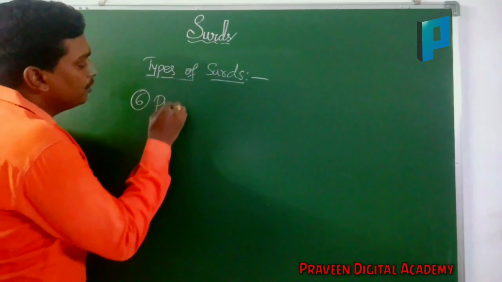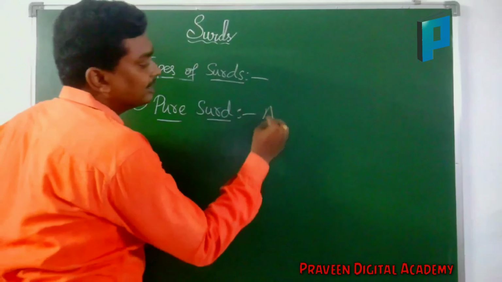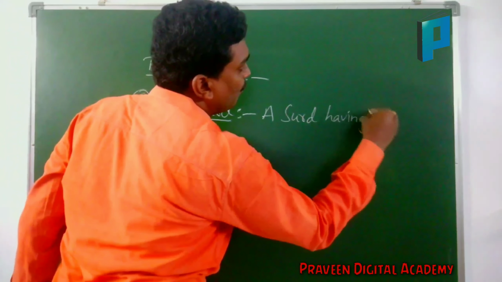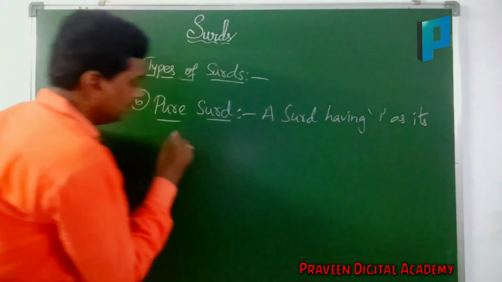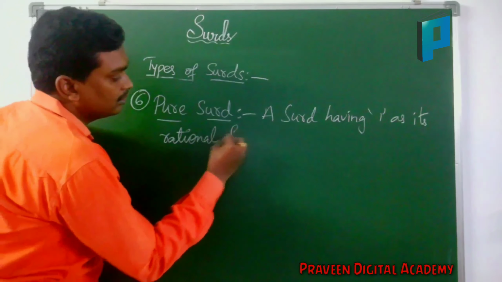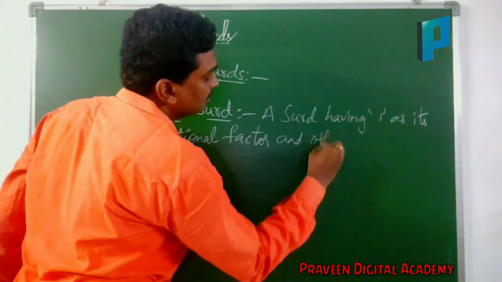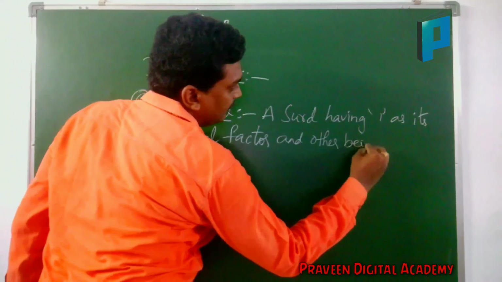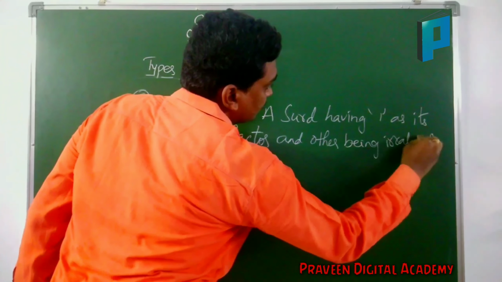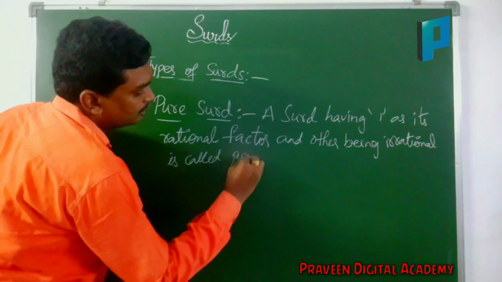Sixth one, pure surd. A surd having 1 as its rational factor and the other being irrational is called a pure surd.